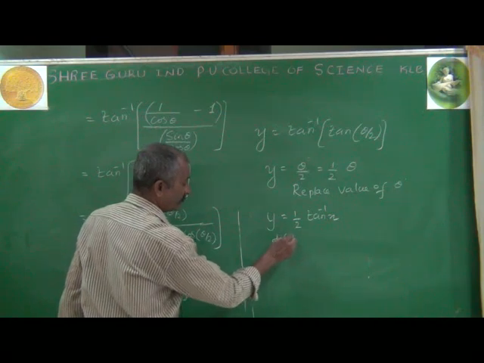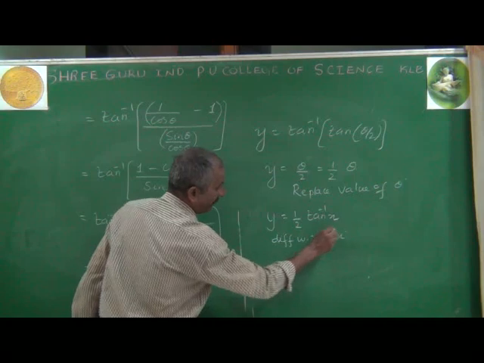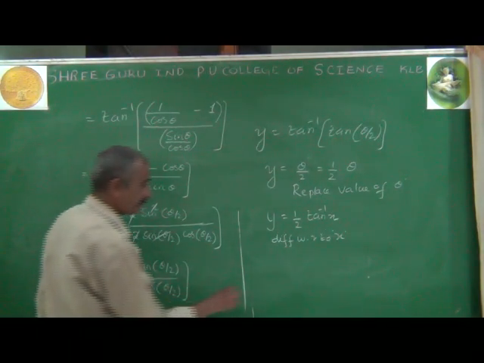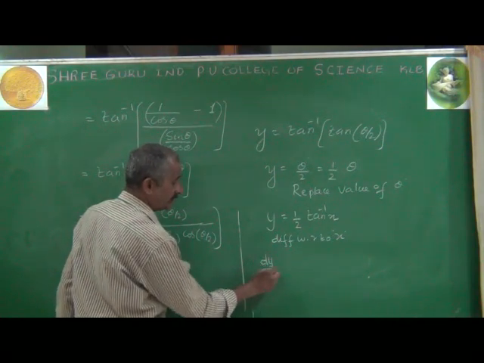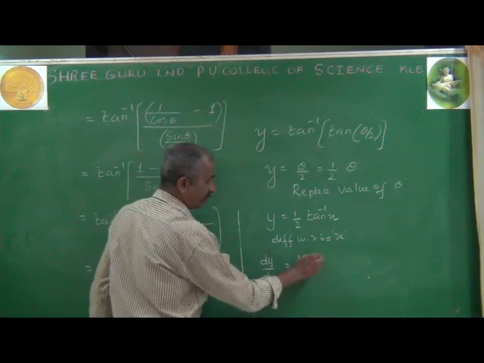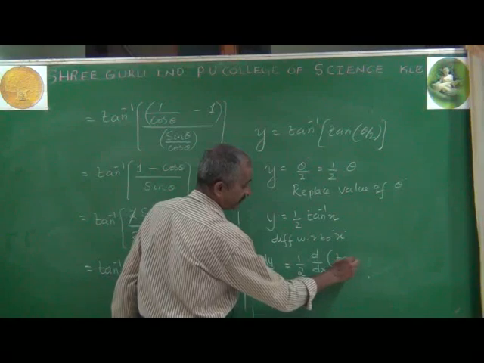On differentiating with respect to x, the left side is the differentiation of y, as usual dy by dx. On the right side, 1 by 2 stays outside the differentiation, into the differentiation of tan inverse x.